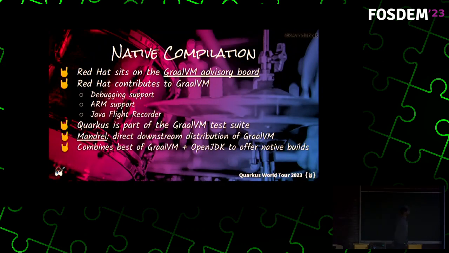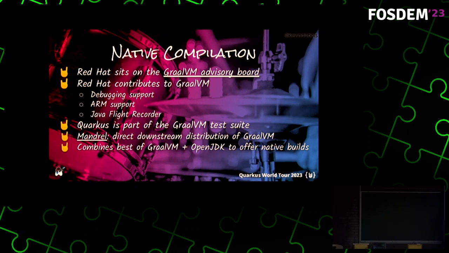So in terms of native compilation, I think we've already had a few sessions about that, so I'm not going to go too deep into that, other than, you can run Quarkus on the JVM, and probably for 70 to 80% of the use cases, that's a good way to go.